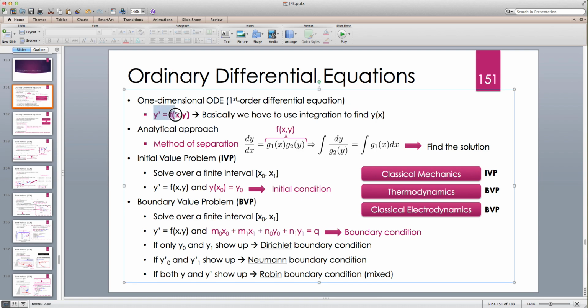We said that in an ordinary differential equation, we always have one variable and one or more functions, and the very basic case is y prime equals a function of x and y. If we can solve this, we can solve almost all of the ordinary differential equations that we encounter in engineering and physics.